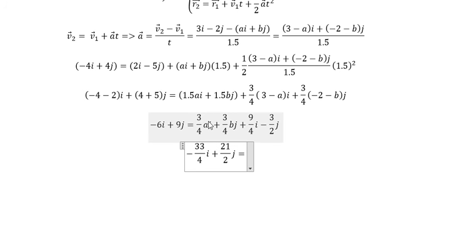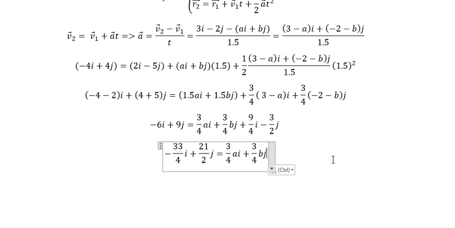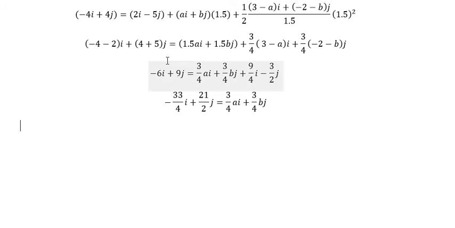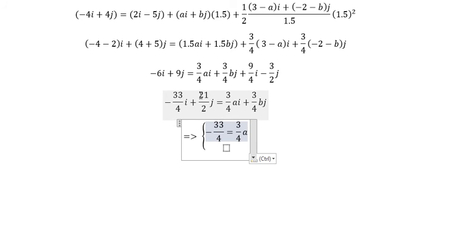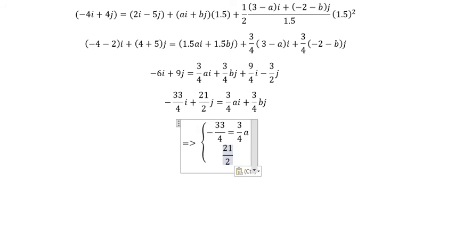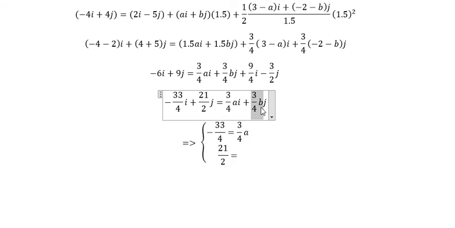And this one we keep the same. So we can find the value of a and b. This one equals this one, and this one equals this one.